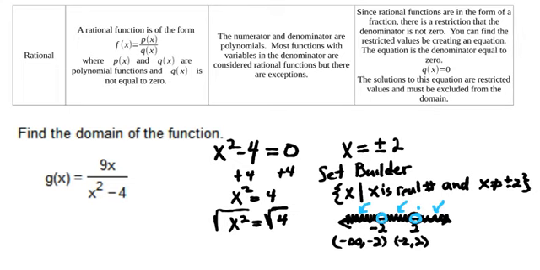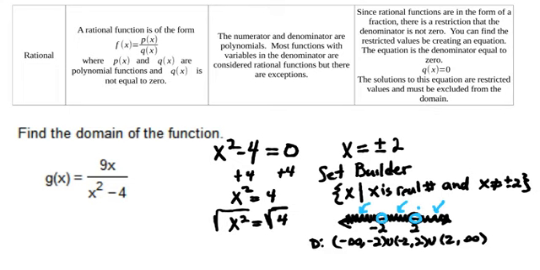So this interval is including all the numbers between negative 2 and 2, but not the endpoints of negative 2 and 2. And then our final interval would start with a lower bound of 2 and continue on to infinity. We would put union symbols between these intervals, and this gives me the domain in interval notation.